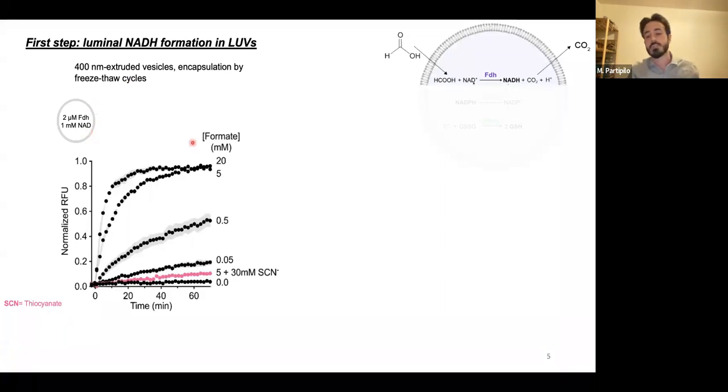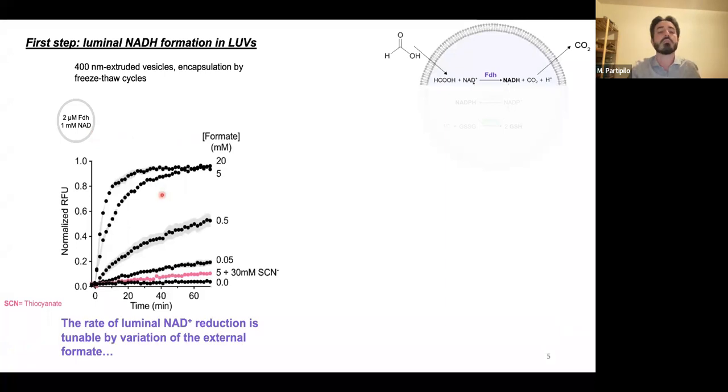What we then tried to test was to tune the rate of the luminal NAD+ reduction, adjusting the amount of formate. And you can see how the rate of the reduction of NAD+ increases with the amount of external formate we provided. What we are monitoring in this panel is relative fluorescence units.